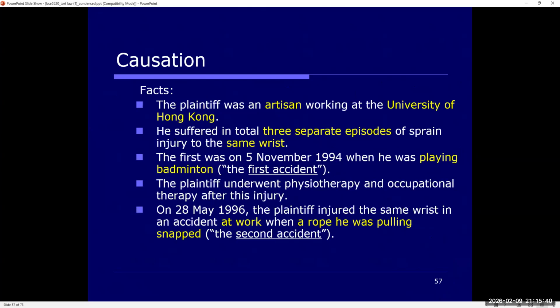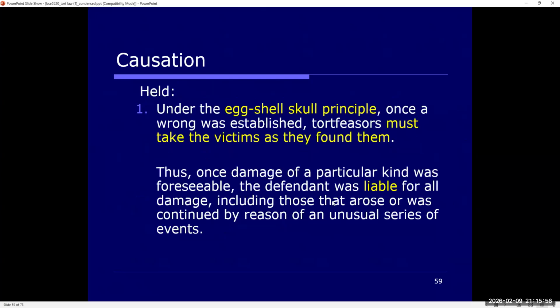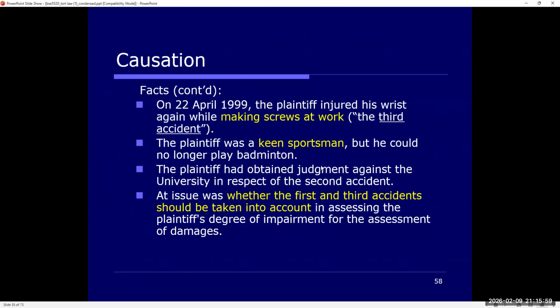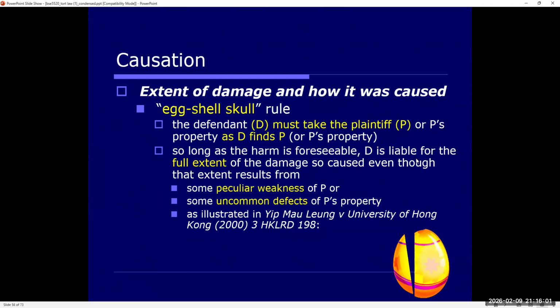Already weak, a weak wrist after the first accident. Then you have to take the condition of that artisan, even though his wrist was weak already. And the second point is liable for the full extent of the damage. So like someone weak, easy to break, the eggshell skull rule.